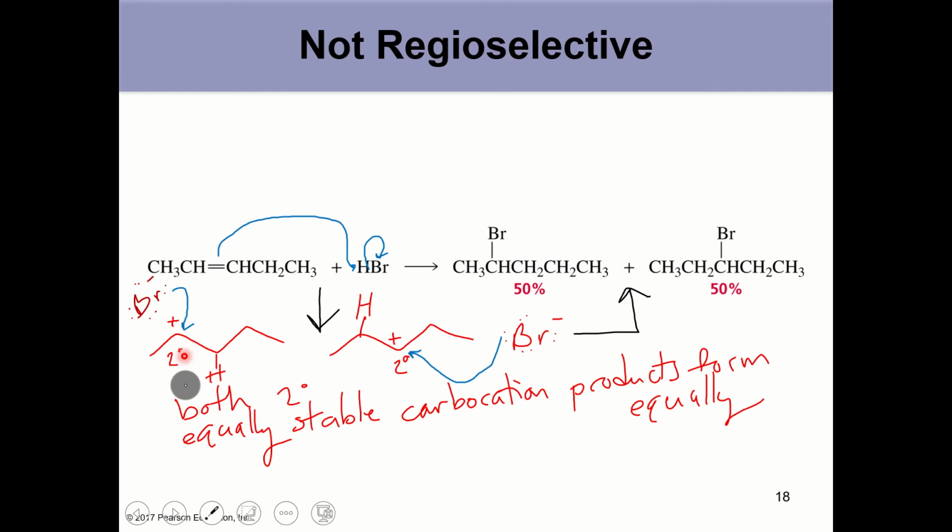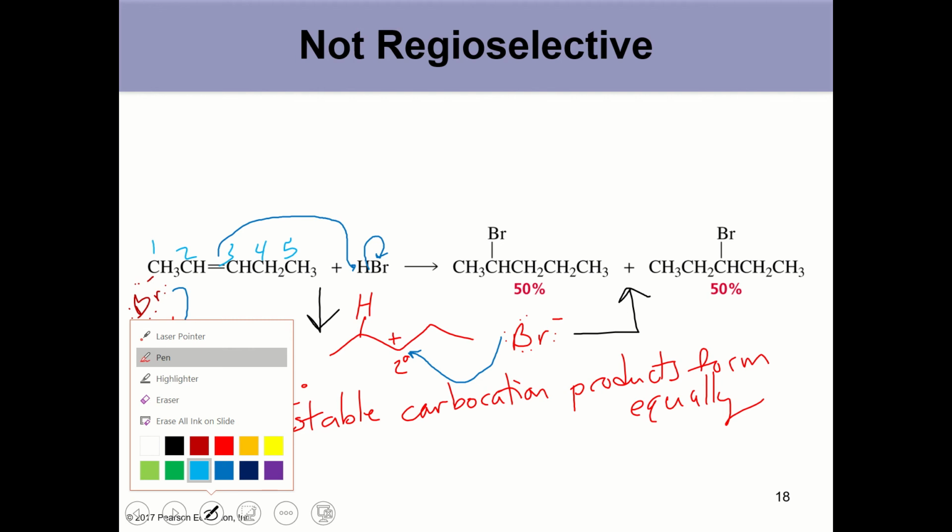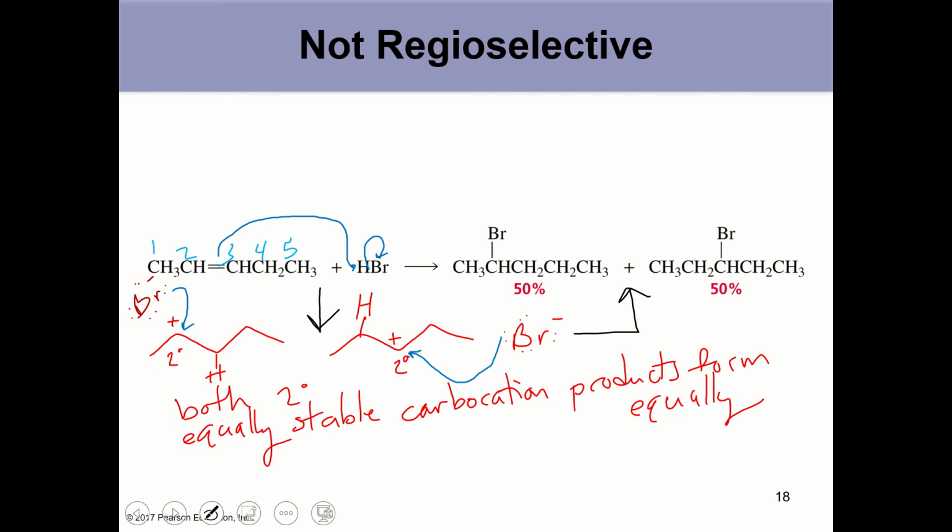They both result in a secondary cation once the electrophile is added. If the electrophile is added to carbon 2, we form a secondary carbocation. If the electrophile is added to carbon 3, we form a secondary cation. And secondary cations are equivalent in stability. So we form both products from the secondary cations in equal amounts.